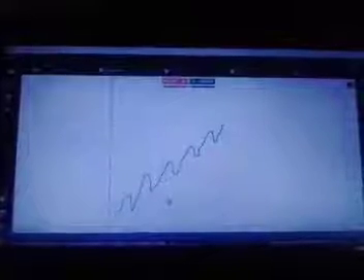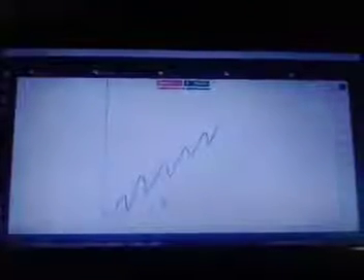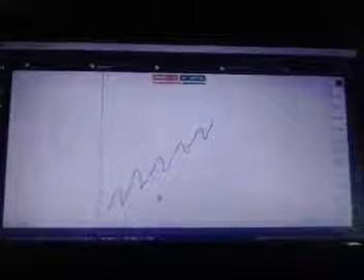So the market doesn't move in a straight line. It makes what we call highs and lows. A high is just the highest point of the market before it changes direction.